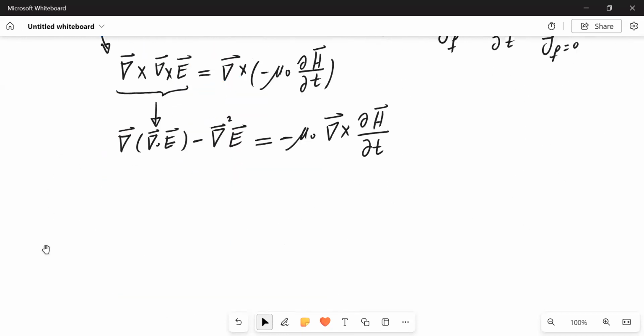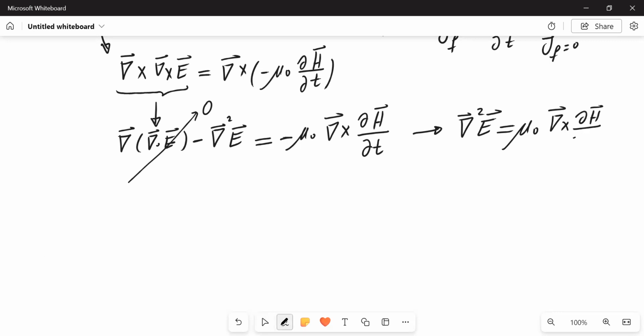So here, the first term is just 0. And I can cross out these minuses and come up with a form like this. The vector Laplacian of my electric field would be given as mu naught times the curl of the time derivative of my magnetic field.